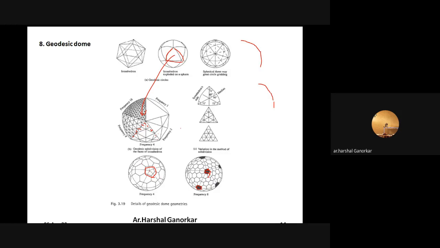This frequency is like this. So this is one frequency. When you join this hexagon, you get this frequency. So here you can add them. This is the basic geometry, whereupon you have frequency one.